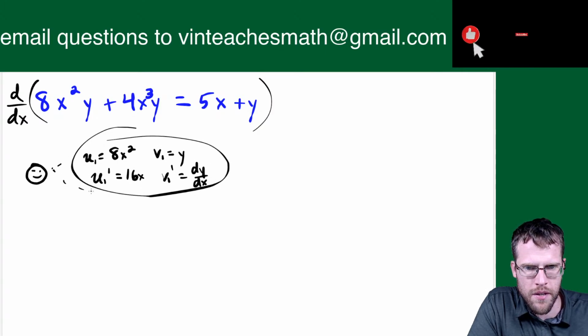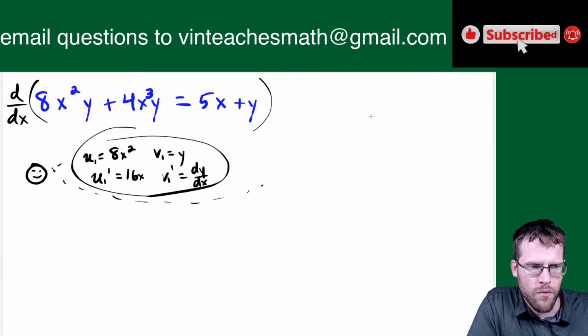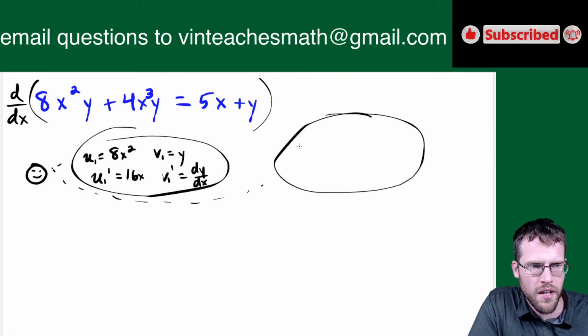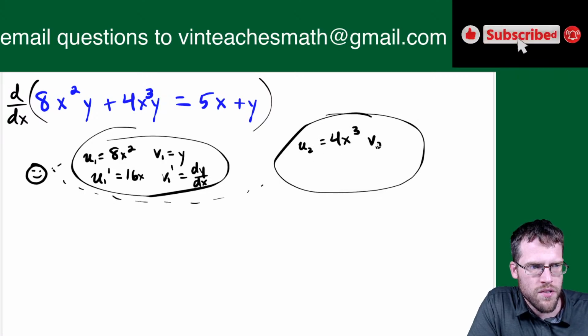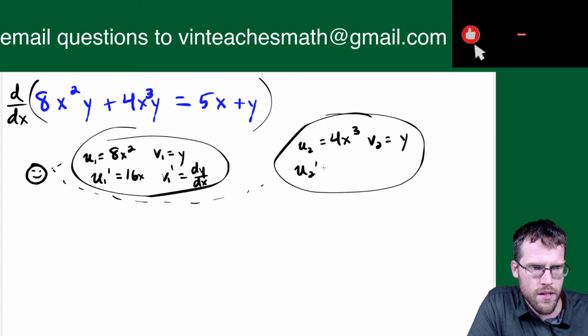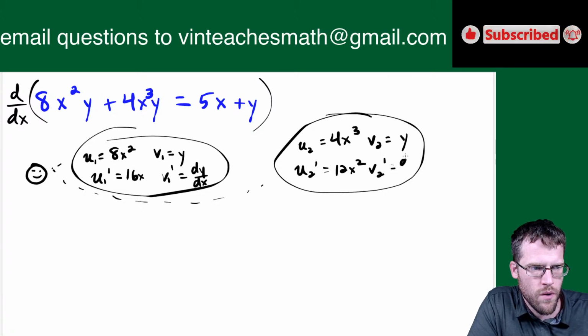And then in the same thought, we're doing product rule again, but our second u term is 4x to the third. And then our second v term is also y, and that's going to tell us this is 12x squared, and then this one is dy/dx.